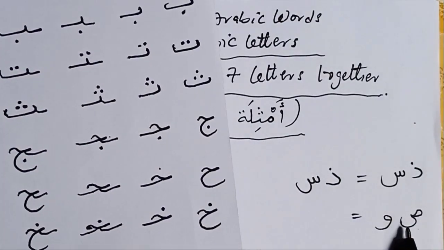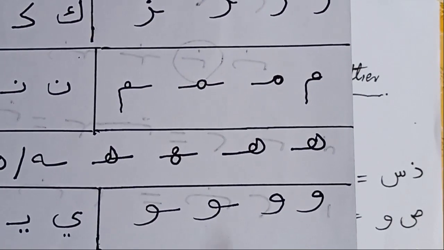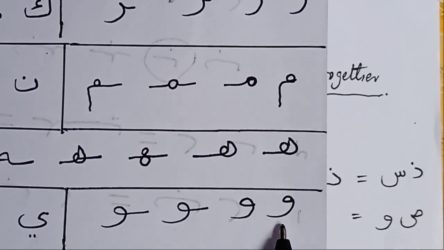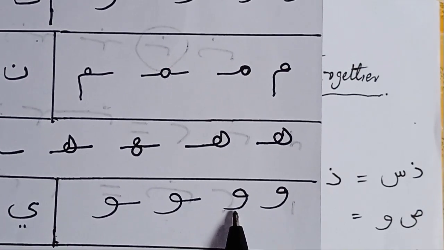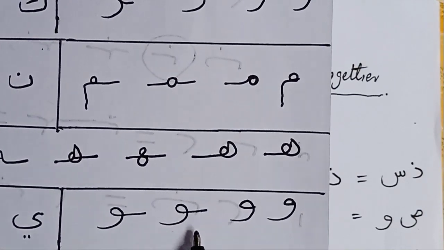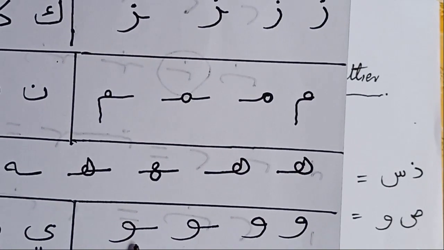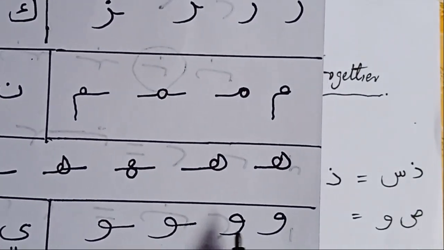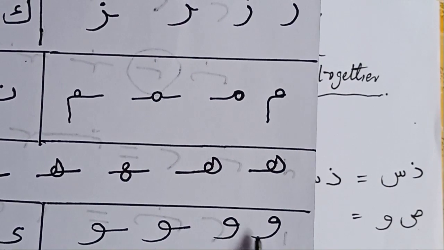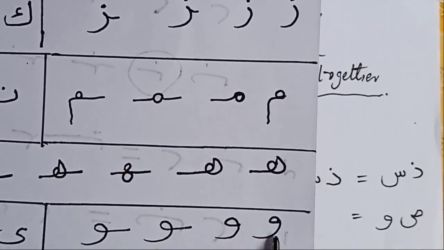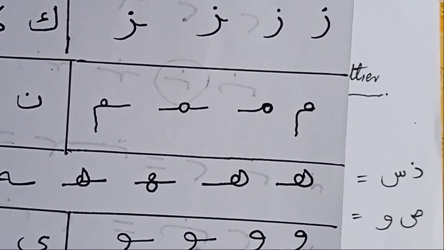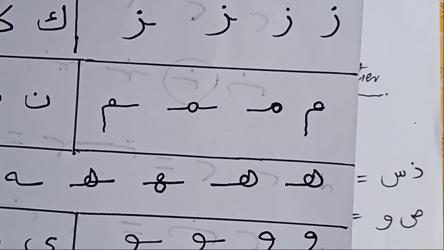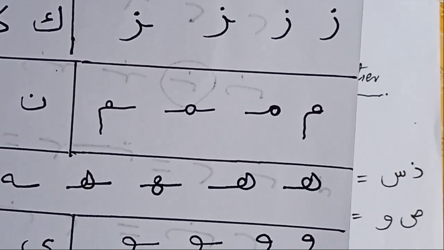We also said we are making use of Waw. From the division, we have the Waw when it stands alone, when it begins the word, at the middle of the word, and at the end of the word. We can see they are the same when it stands alone and begins the word, while they are the same when it's in the middle and at the end.